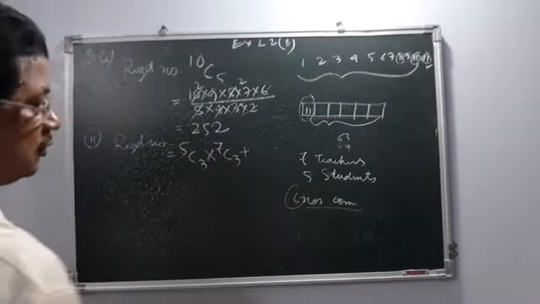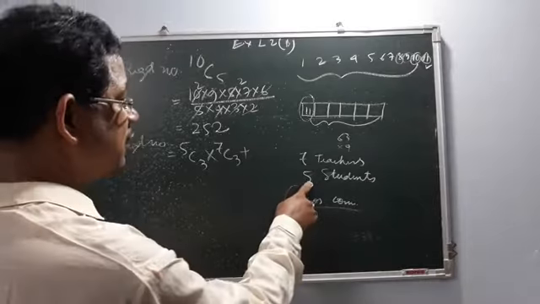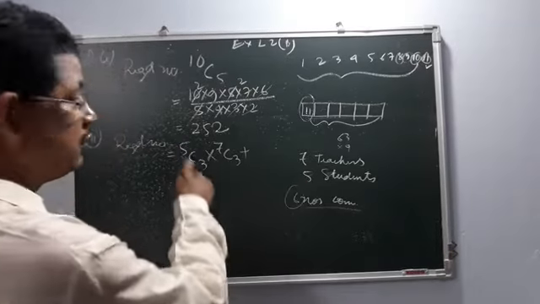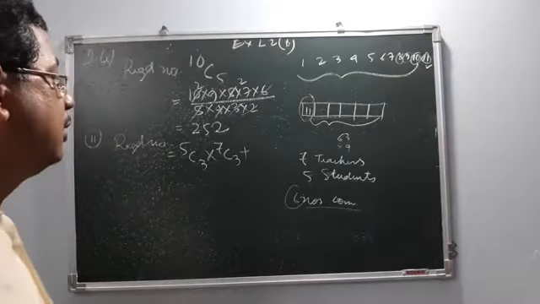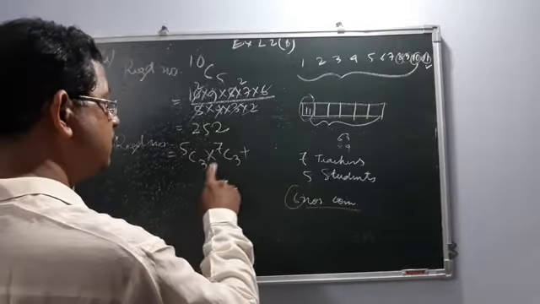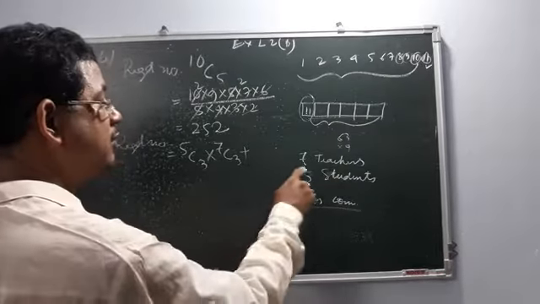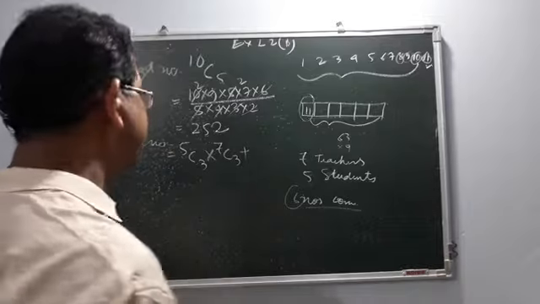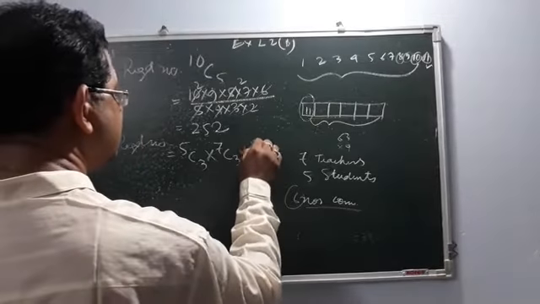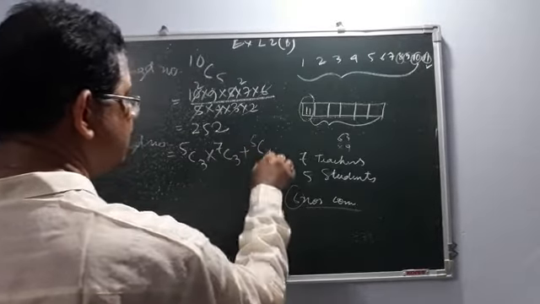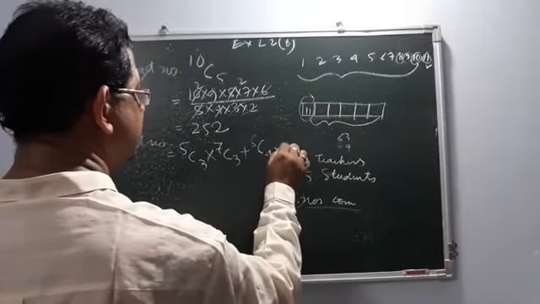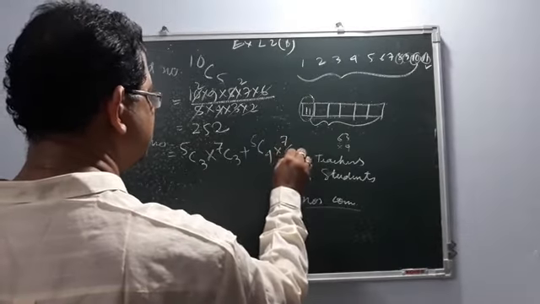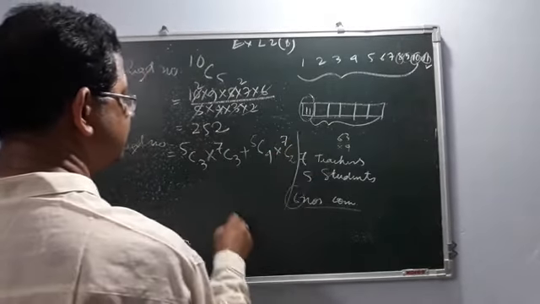Is it clear that I have taken 3 students from 5 students? So it is 5C3. We need a committee of 6, so the remaining 3 come from 7 teachers, 7C3. At least means we can take more students, so automatically the number of teachers decreases.